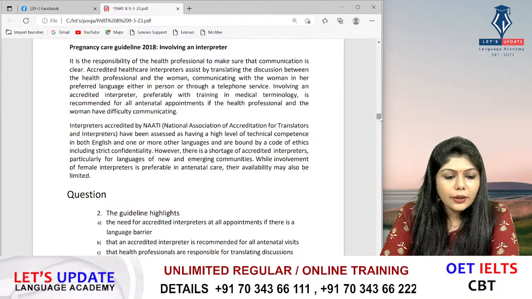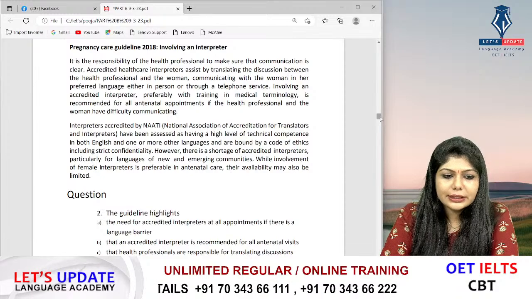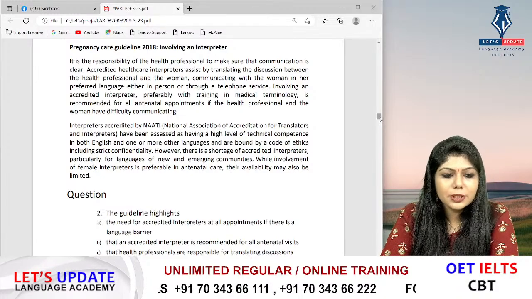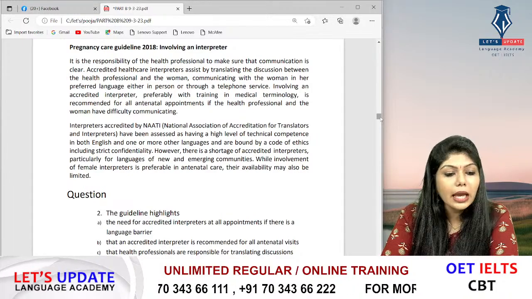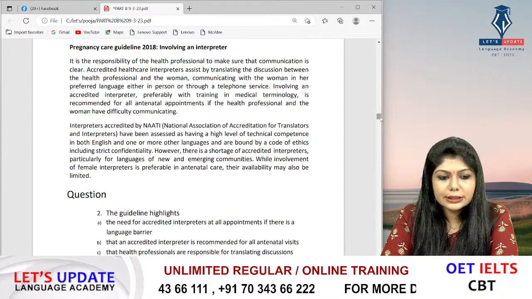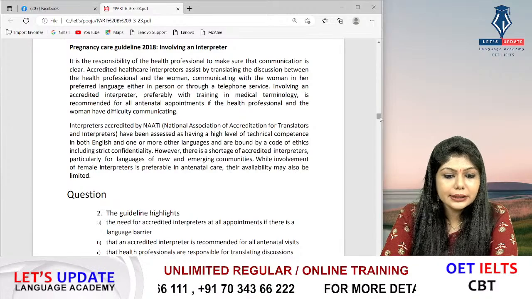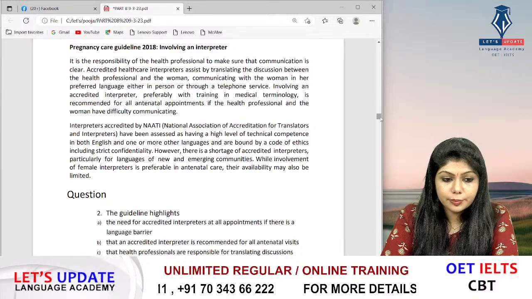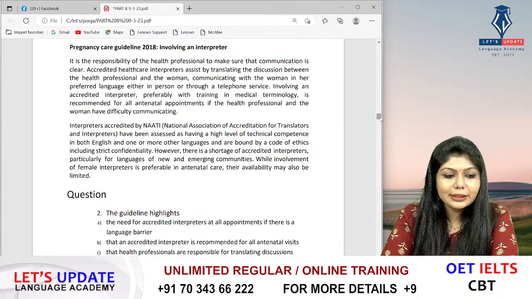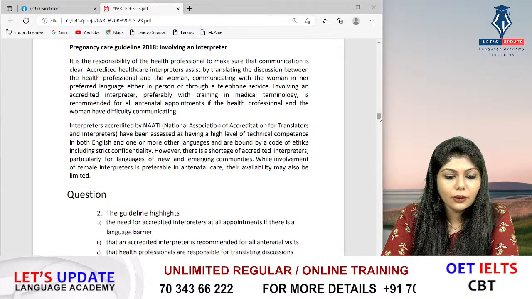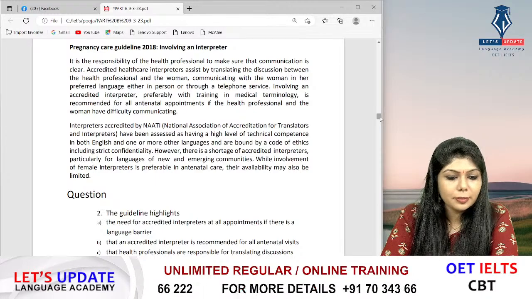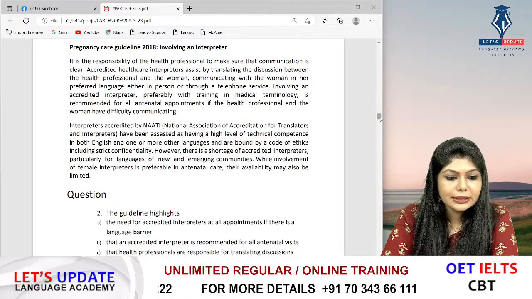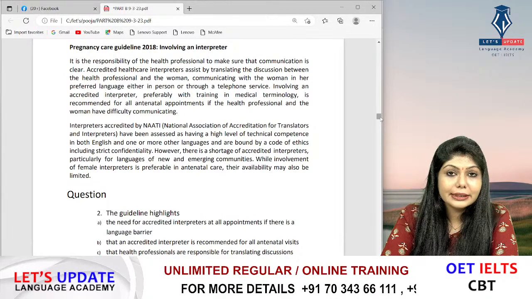So, Pregnancy Care Guideline 2018 involving an interpreter. It is the responsibility of the health professional to make sure that the communication is clear. Accredited health interpreters assist by translating the discussion between the health professional and the woman, communicating with the woman in her preferred language either in person or through a telephonic service. Involving an accredited interpreter, preferably with training in medical terminology, is recommended for all antenatal appointments.